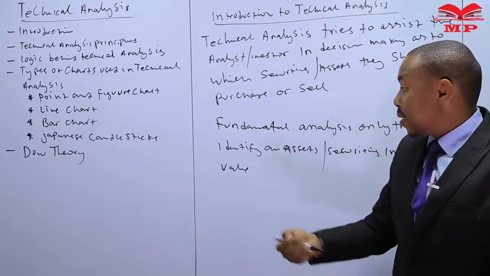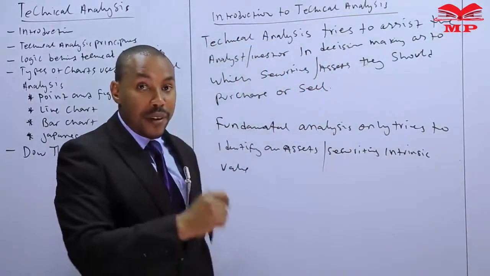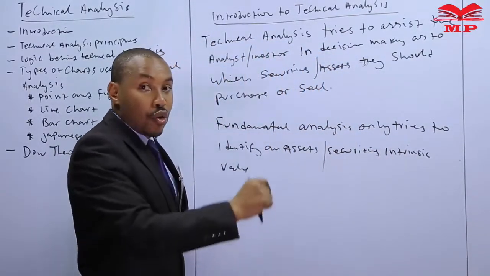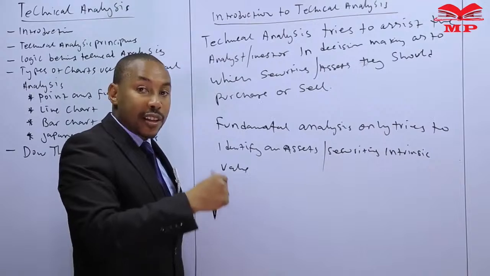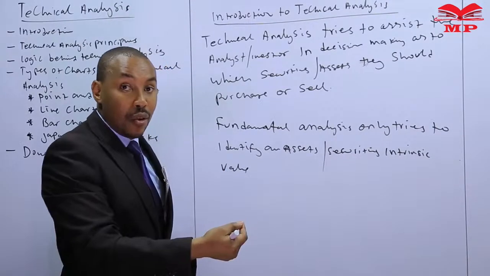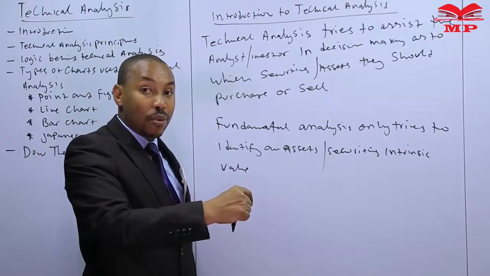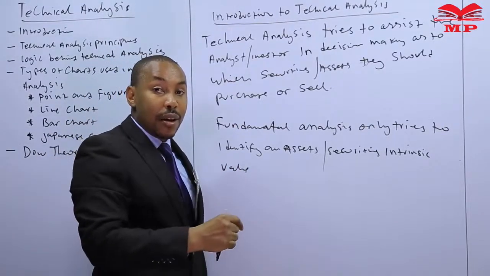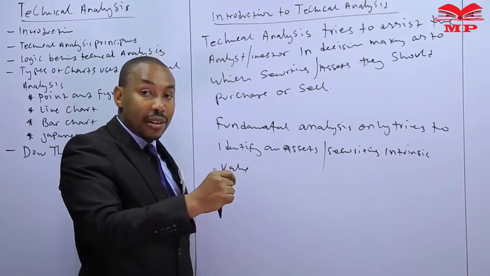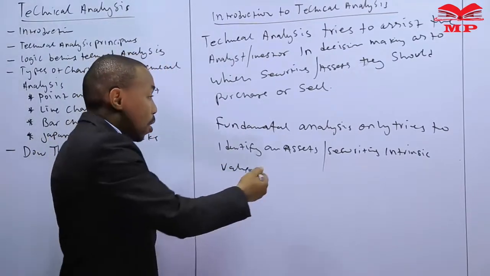We are trying to identify the intrinsic value, what the analyst or the investor believes the value of the asset should be. And you compare that with what the securities exchange provides as far as the pricing of the security is concerned. So if the current market price, the one that is issued by the securities exchange, is greater than the intrinsic value, the one that you've computed, then we are saying that the security is overvalued.